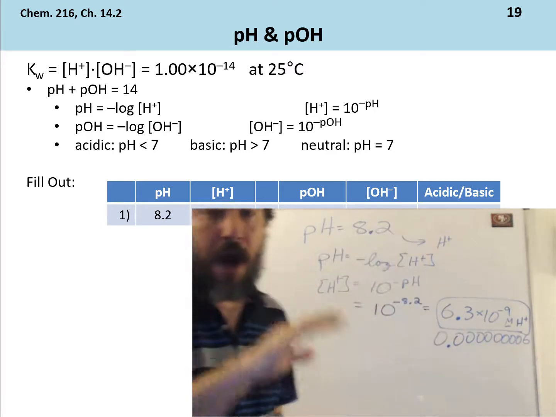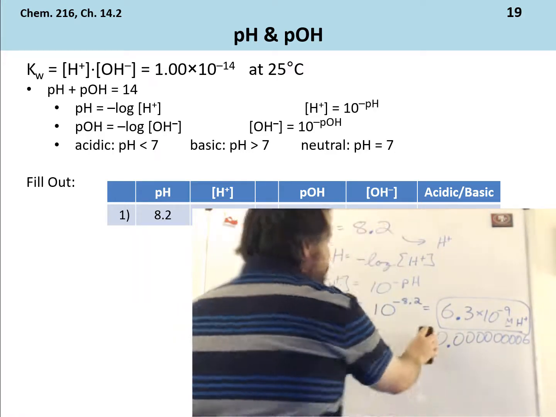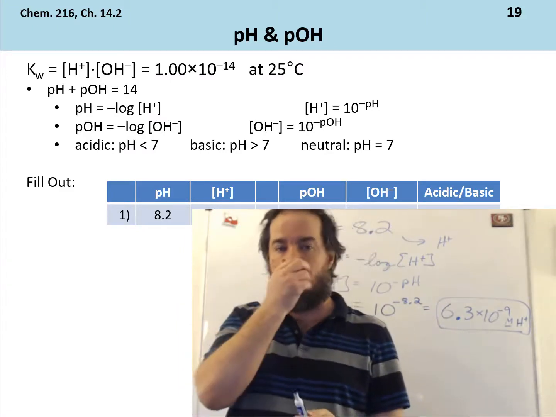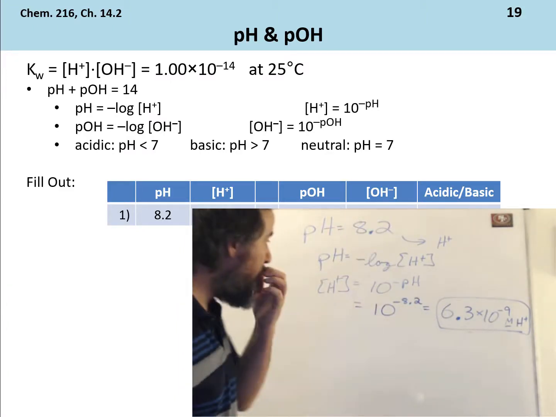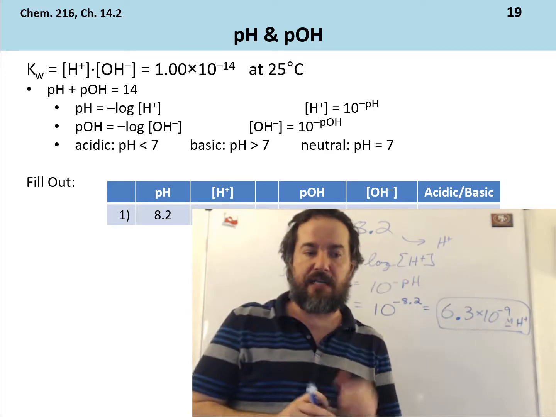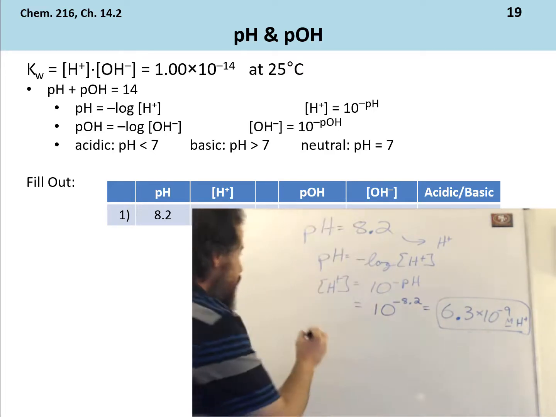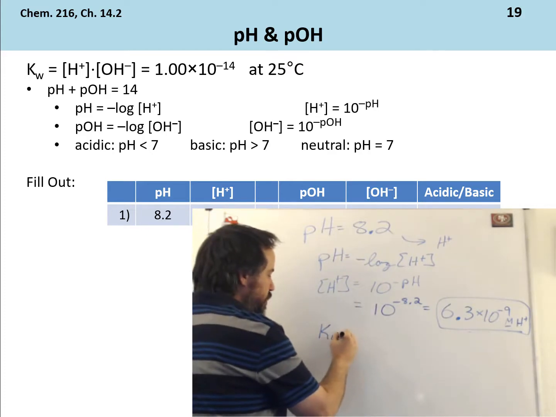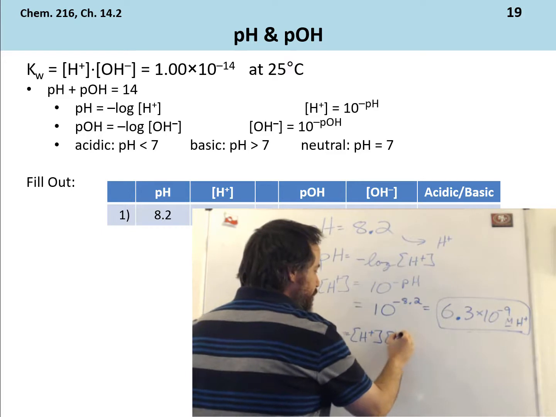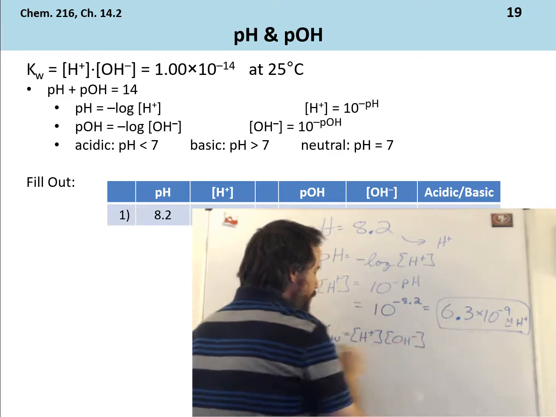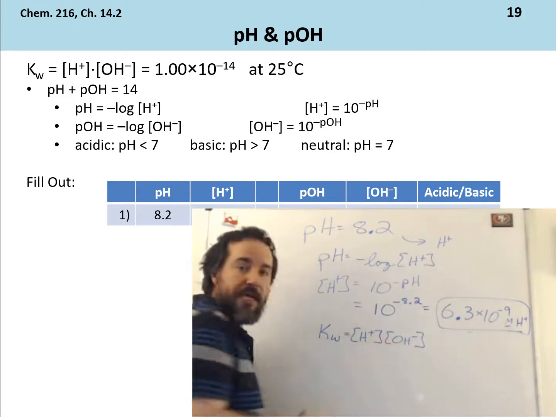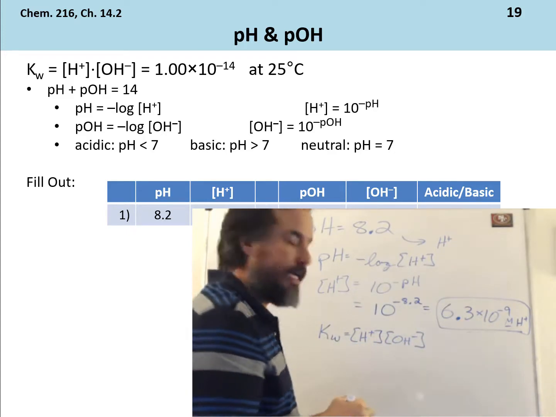Okay, so I figured out H plus. I also want to figure out pOH and OH minus. Well, if I know H plus, I should be able to find OH minus. We did this earlier, right? Because remember, Kw equals H plus times OH minus. We know Kw, it's at the top of the screen. We know H plus, so we can figure out OH minus.